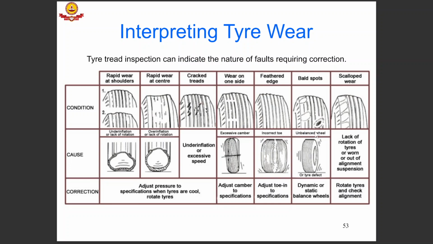If you have scalloped wear, there is lack of tire rotation, or your suspension can be out of alignment. You have to rotate the tires, that means change the position of the tire so that tire wear is uniform.